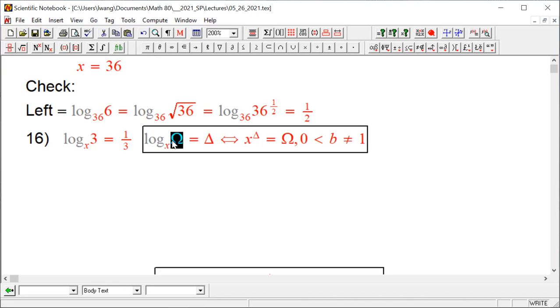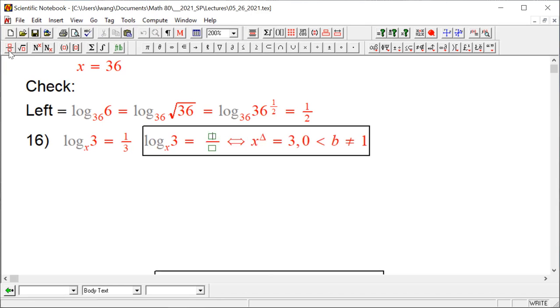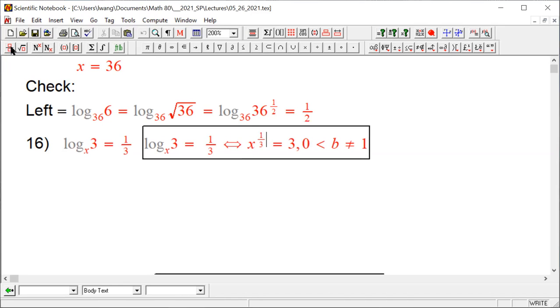So this is 3, and that is a 3. The triangle is 1/3, right? At the place of the triangle, that's 1/3. So there you go. We got x raised to the power 1/3 equals 3.